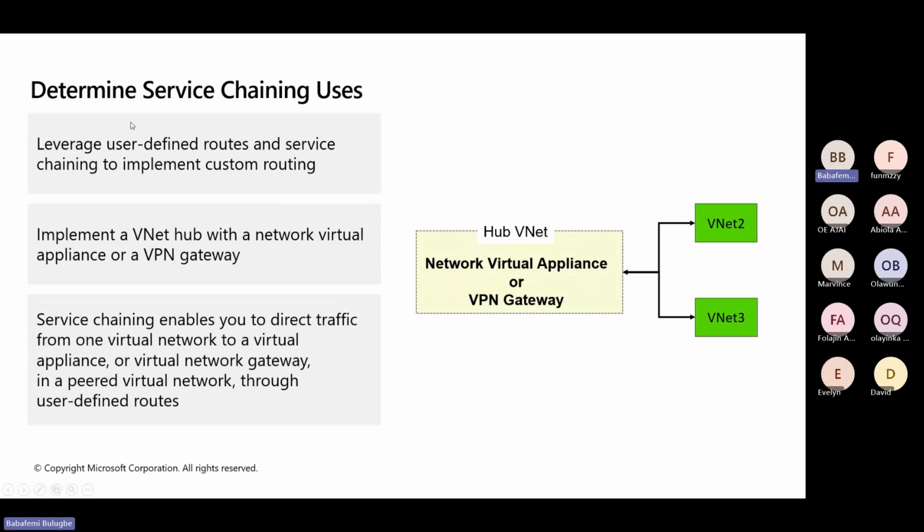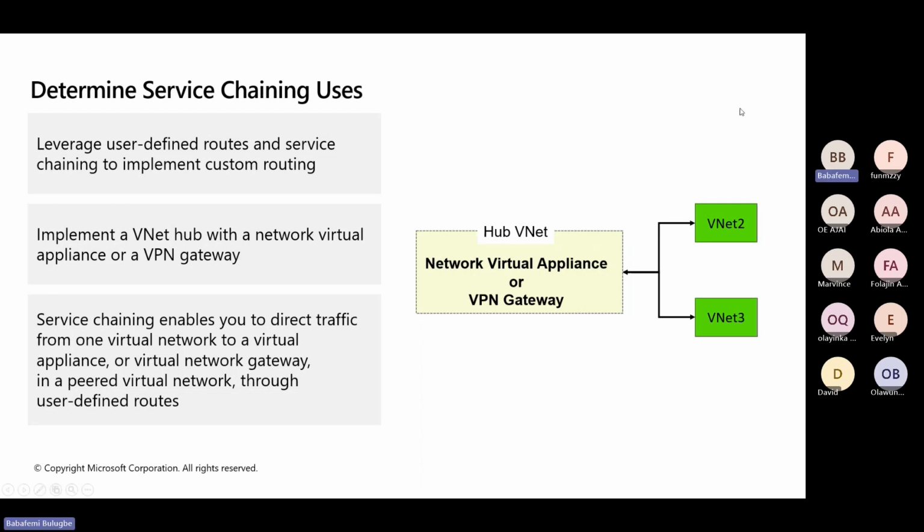Now, the next thing is service chaining. Like I've said, what is service chaining? It's just for you to be able to direct traffic from one virtual network to a virtual appliance. It might be an application gateway, it might be a network gateway, it might be some other appliances within another virtual network.